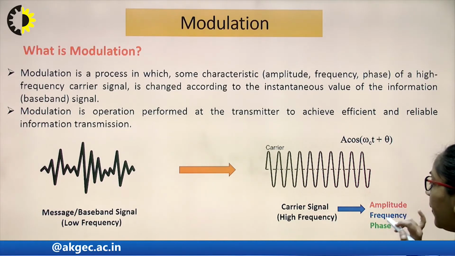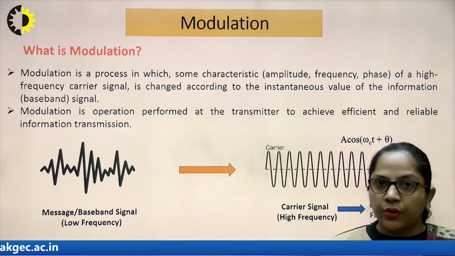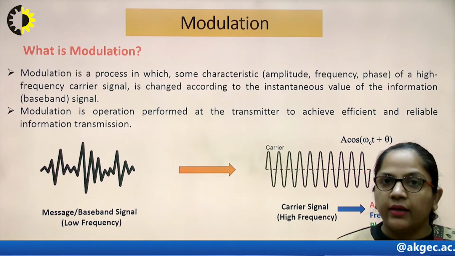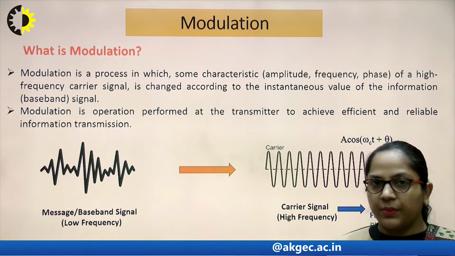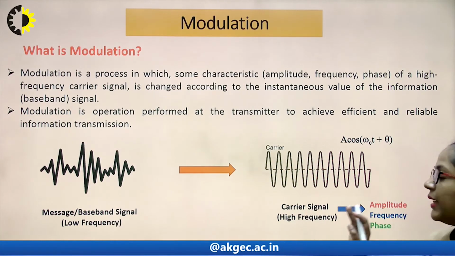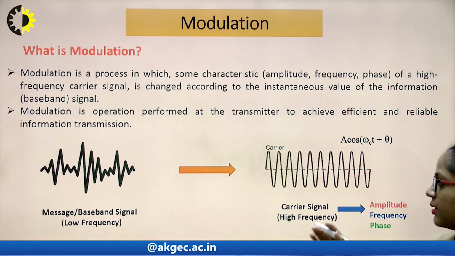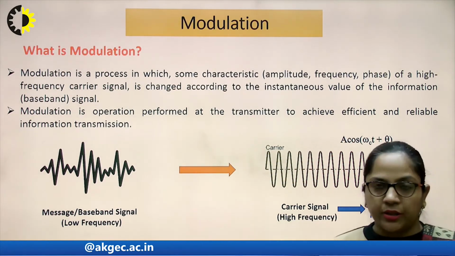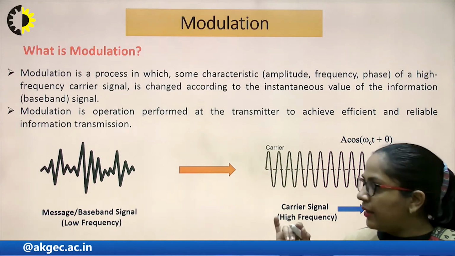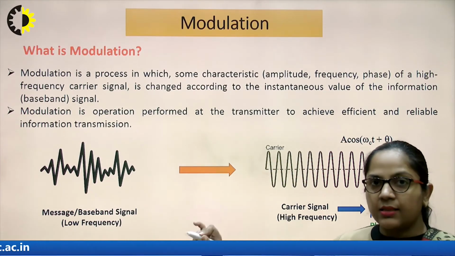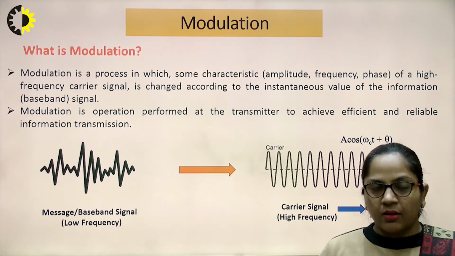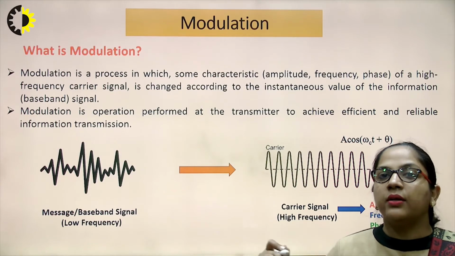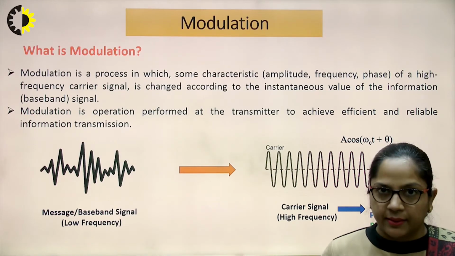It will depend on whether we are varying the amplitude, the frequency, or the phase of the carrier signal according to the instantaneous value of the message signal; that will decide the type of modulation. We will discuss the different types of modulation. But what do we understand here? What is modulation? It is a process of superimposing a low frequency message signal over a high frequency periodic waveform that is called a carrier signal.